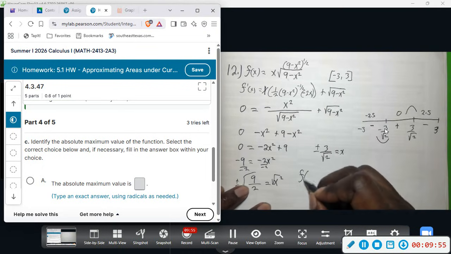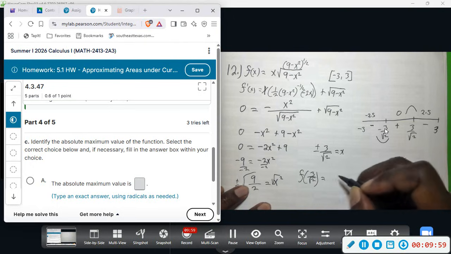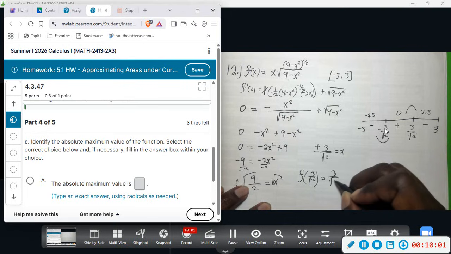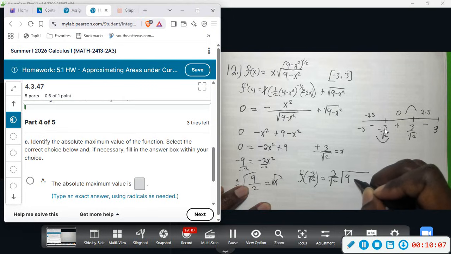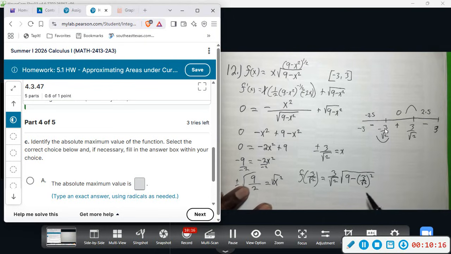f of 3 over square root of 2 will give us 3 over square root of 2 times the square root of 9 minus 3 over square root of 2 squared. All right, so what happens? When we square this, we'll get 9 over 2 because the bottom will get squared.